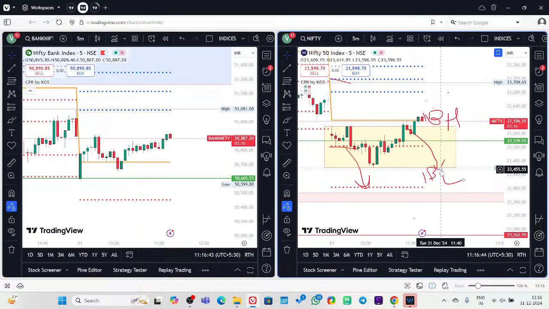Sometimes it triggers our stop losses and moves in our direction.